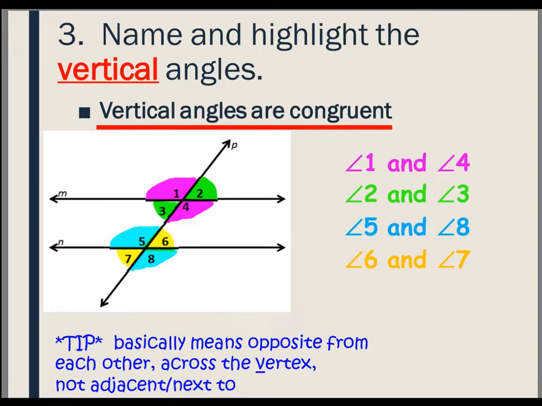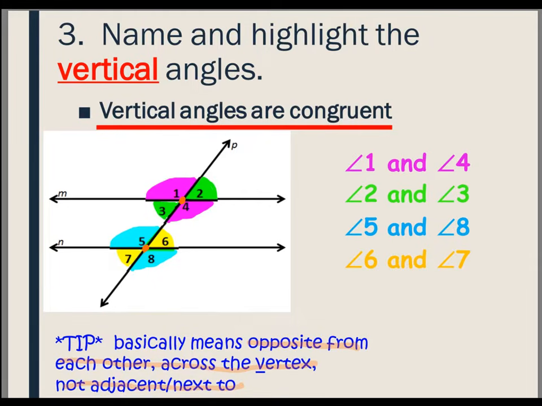So the first set of angles we are going to look at are vertical angles. And vertical angles basically mean that they are opposite from each other and they are across the vertex. They are not next to each other. So if I look at these intersecting lines, I would have a vertex here, so that's where all your lines meet, and a vertex here where these lines meet.